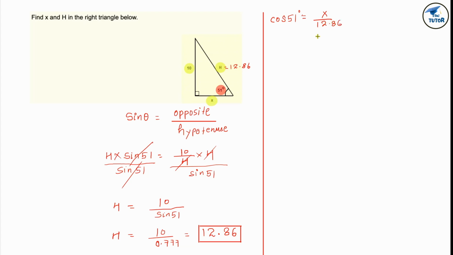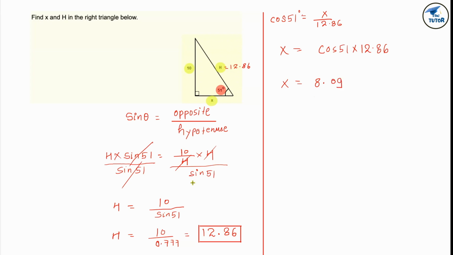Can we round that up? It is preferred to use 12.86. From here, you can get x is equal to cos 51 times 12.86. And here you will have x equal to 8.09.